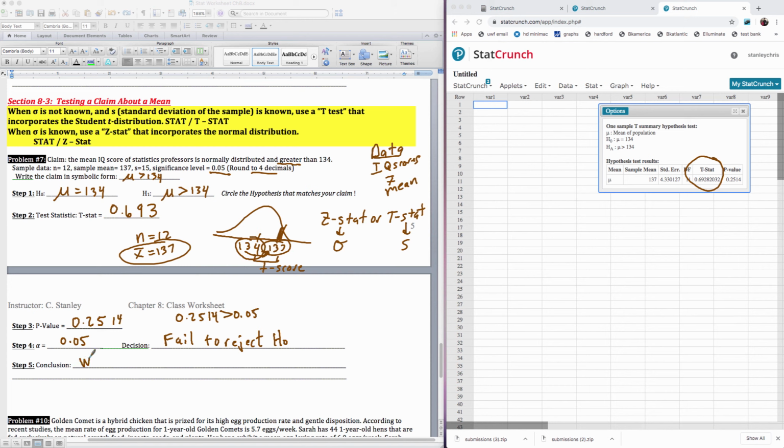So we have insufficient evidence that the true mean of all stat professors is greater than 134. And that's that one.